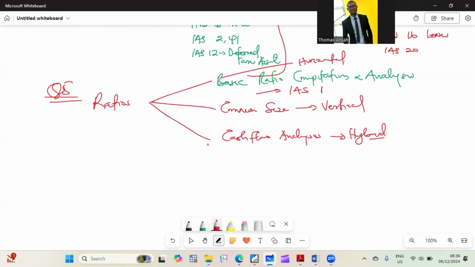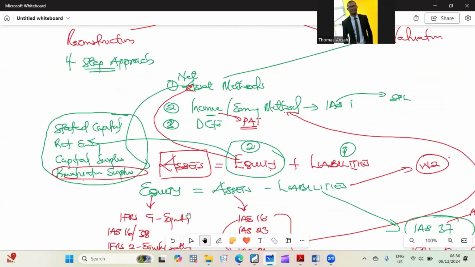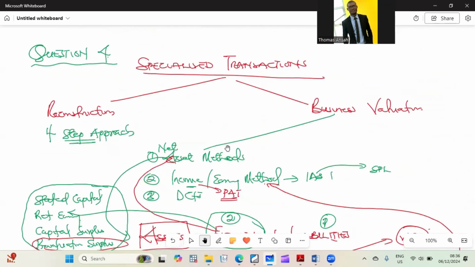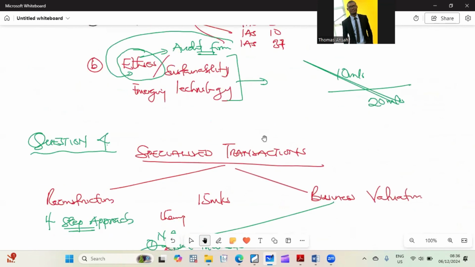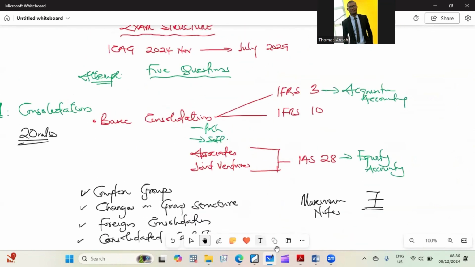Then you see, what I missed in here is that this whole specialized transaction, when you are doing it, either this or this, is 15 marks. Then the consolidation, the remaining 5 marks on consolidation, the theory, which is on IFRS 3, IFRS 10, then we also have IFRS 11, IAS 28.